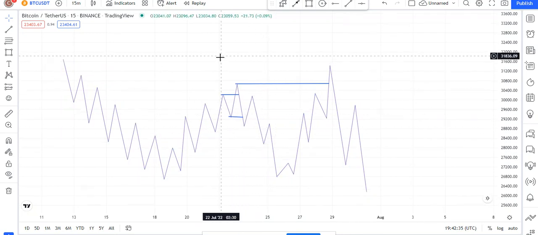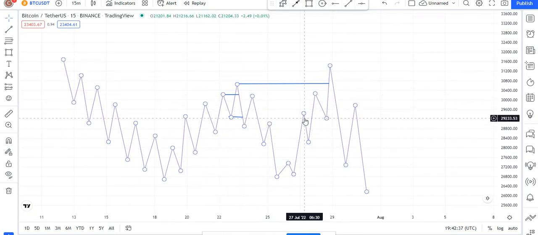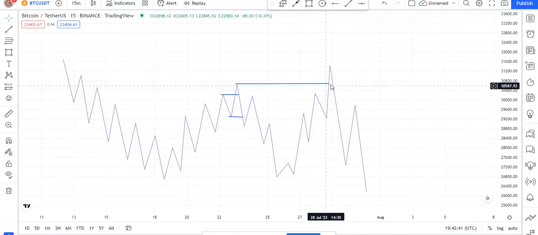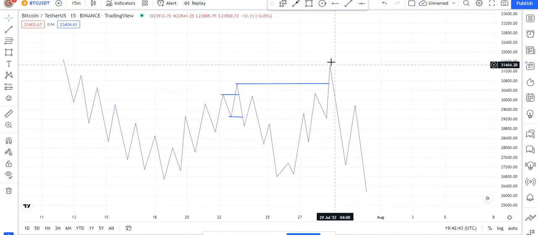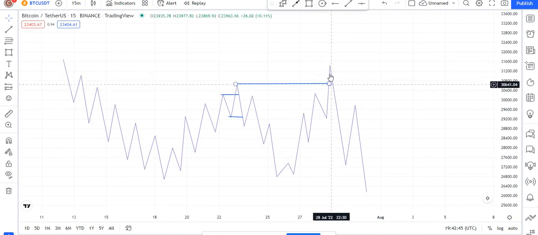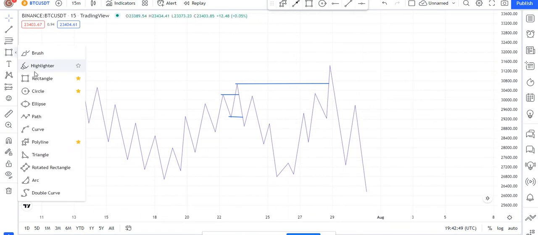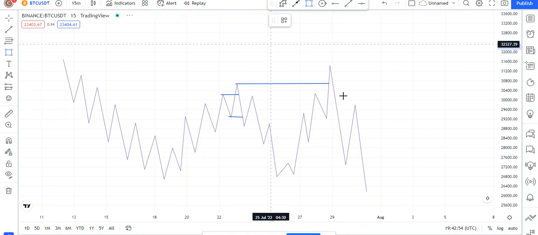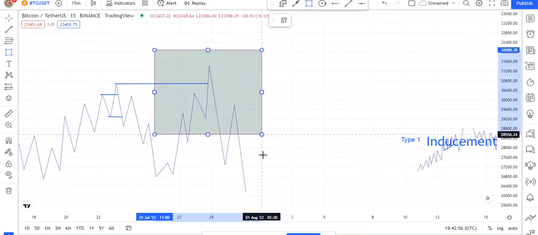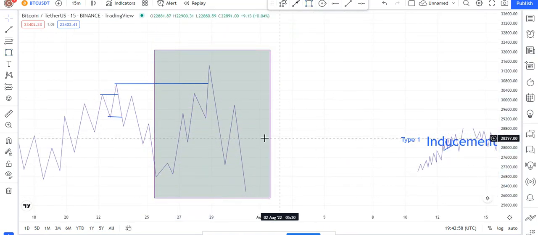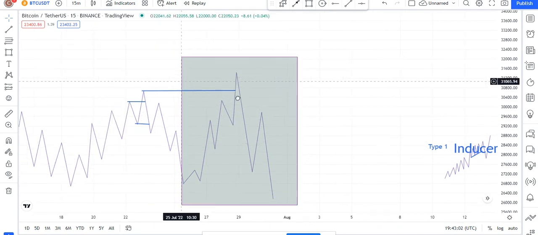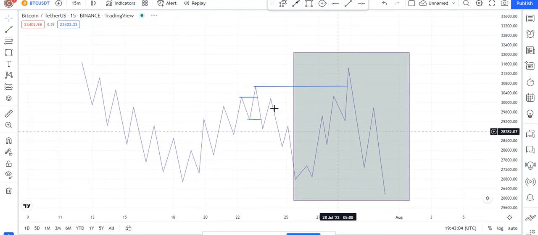All right, so the reason why I define this guy as a reversal as well is because if you go on a lower time frame, look at this area now. Let's assume that this is how it is on a higher time frame. On a higher time frame, you can see all this happening.